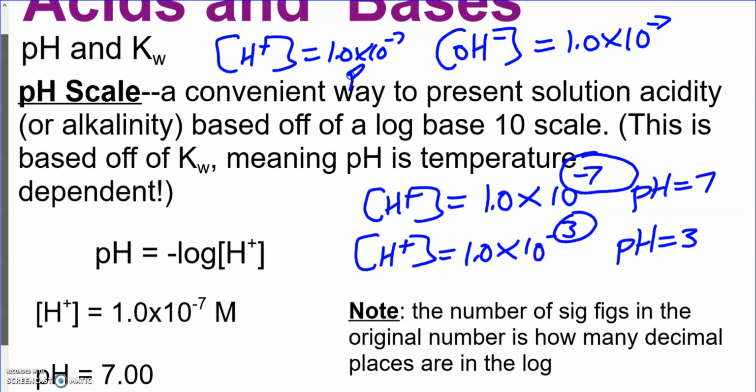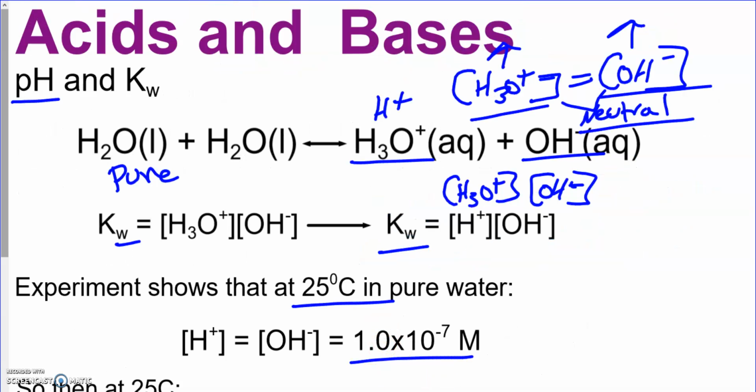So not only is my pH equal to 7, but my pOH is also equal to 7. And if we go back and look at that scale, that's right in the middle of those two values.